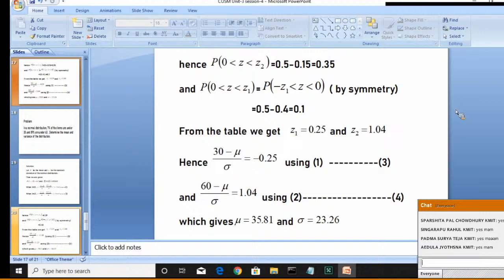From area you find out the ordinate. Is it 1.035?